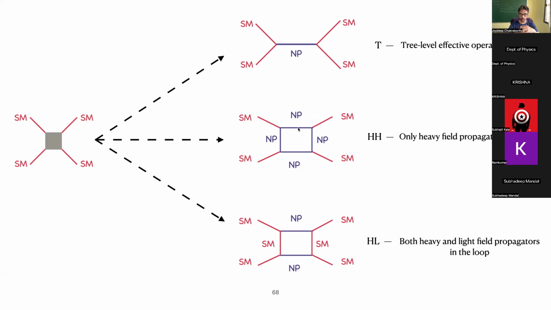Whatever the denominator you get after calculating the loop momentum, that denominator will be a function of the light momentum, loop momentum, external momentum, and the heavy mass. Then you write it as a function of the light internal momentum plus some external momentum squared plus some m square.